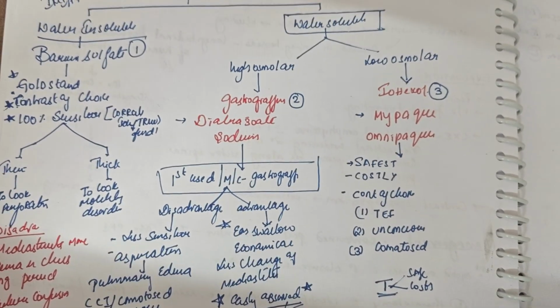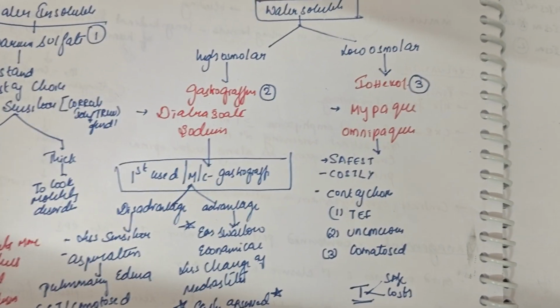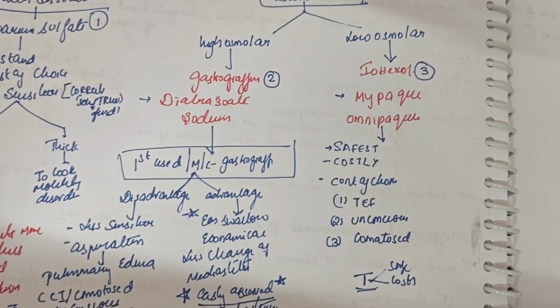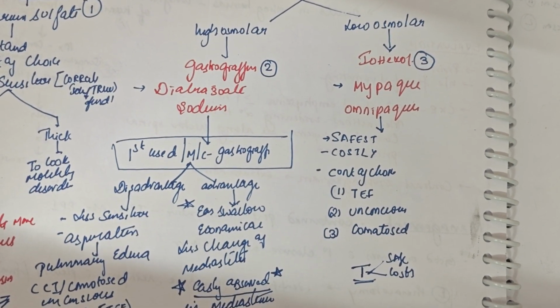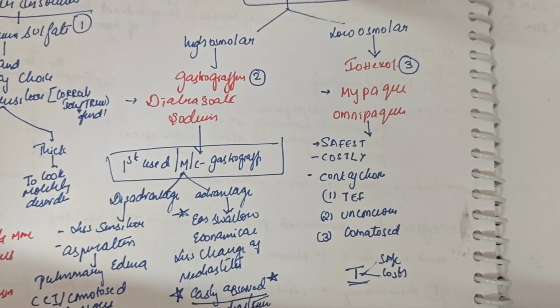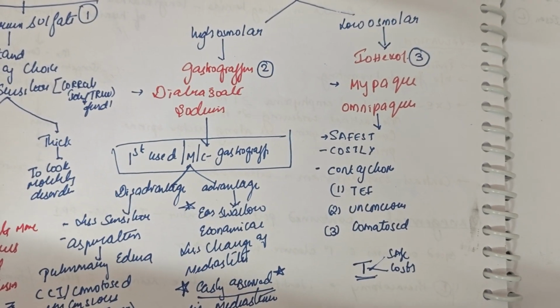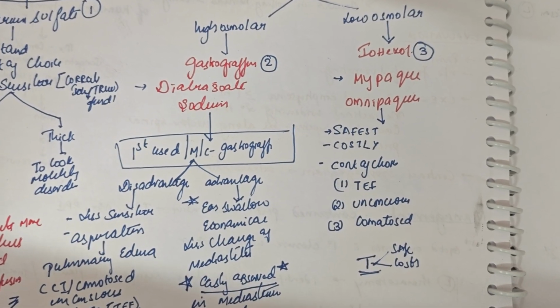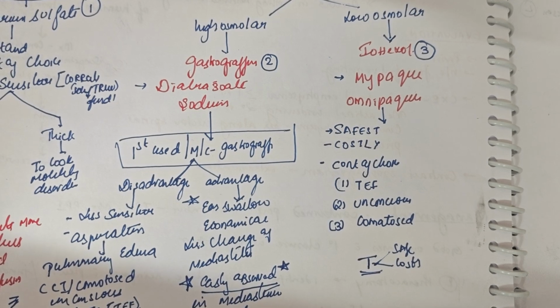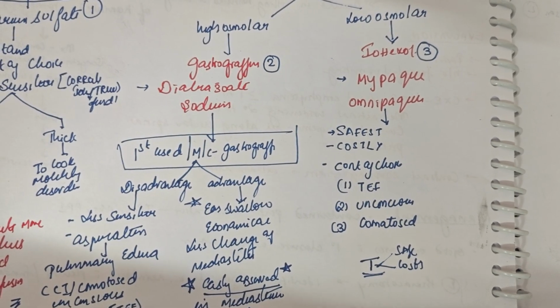Now we have the next contrast, a low osmolar water soluble one, that is iohexol, and iopamidol. What is important in the low osmolar contrast is that iohexol is the safest and the costliest.